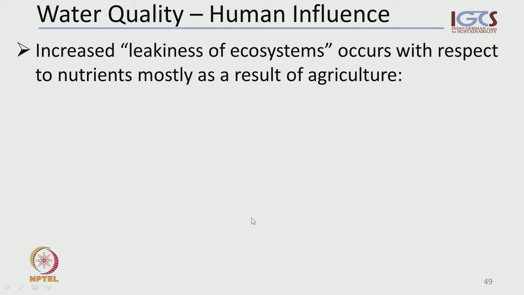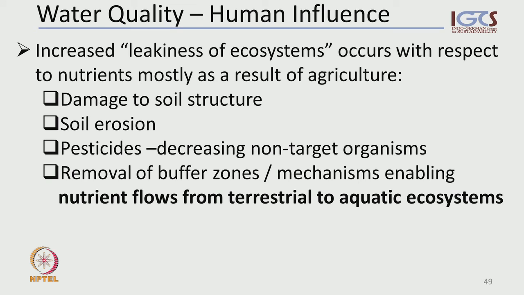We increase essentially the leakiness of ecosystems with respect to nutrients, and this mostly in terms of agriculture, farming. We damage the soil structure, we compact soils, we change the layering of soils, we change soil moisture. In that way, we increase soil erosion.